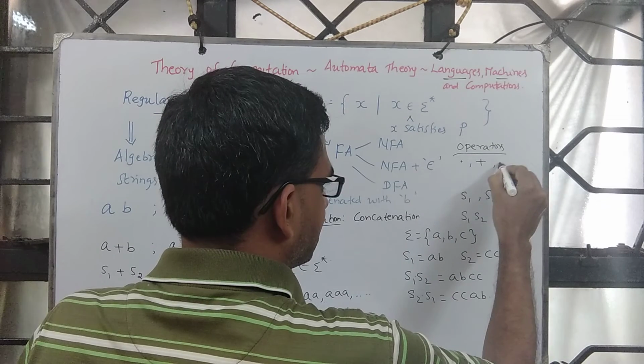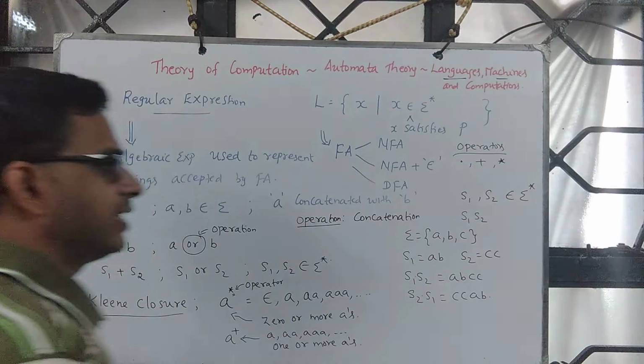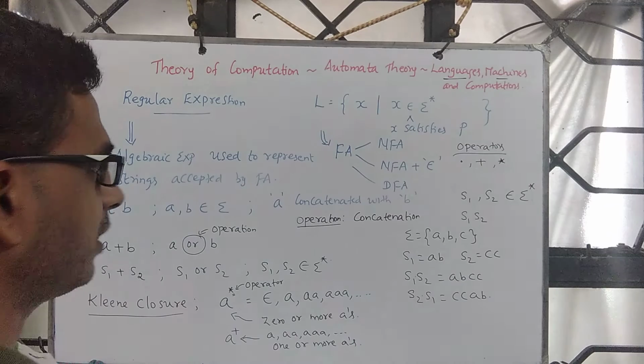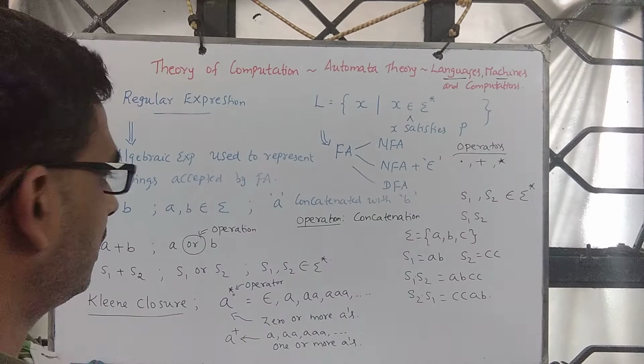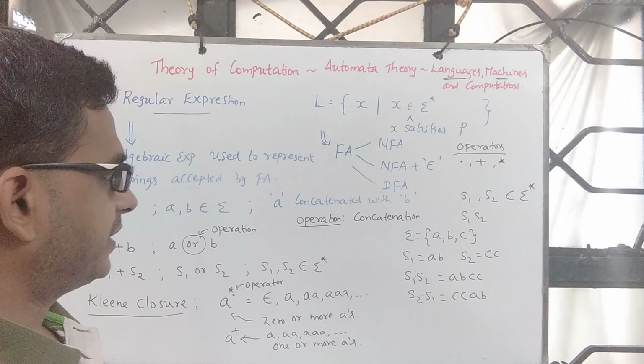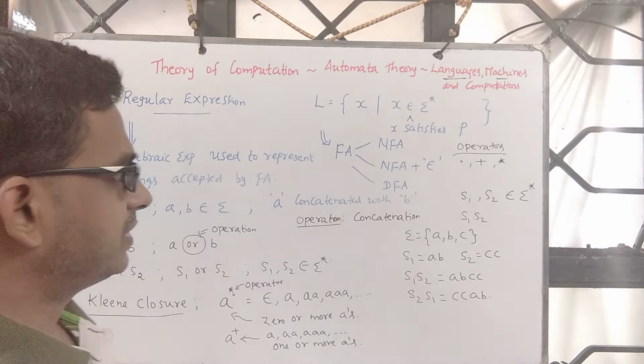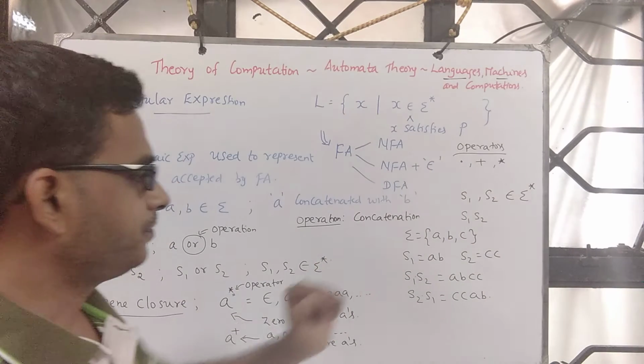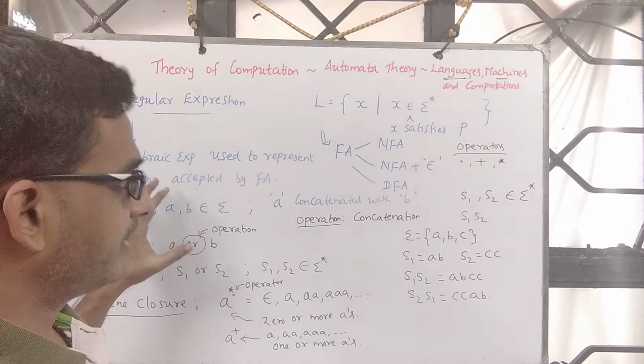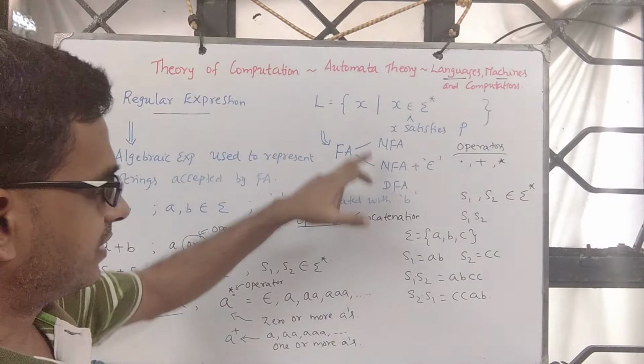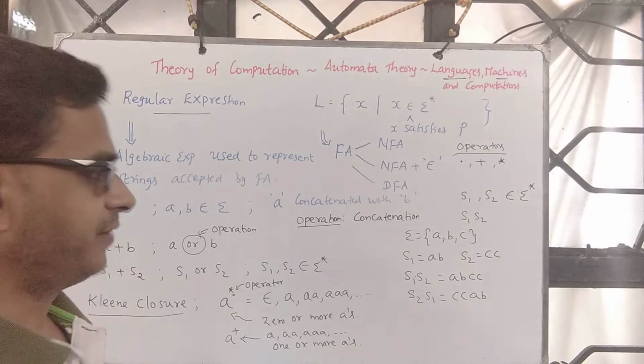Another one is the Kleene star operator or closure operator. So we see that with just these 3, one can define sets that are accepted by finite automaton.